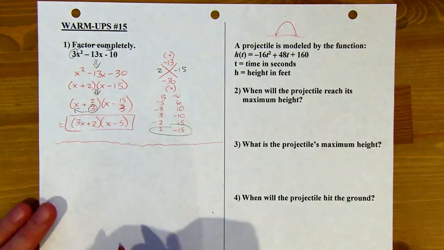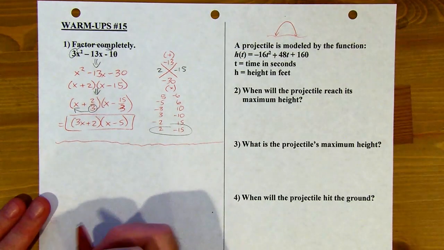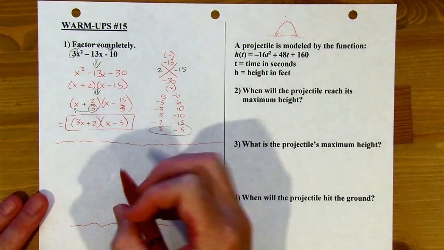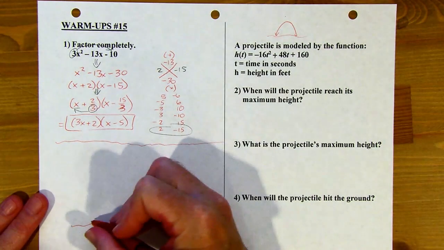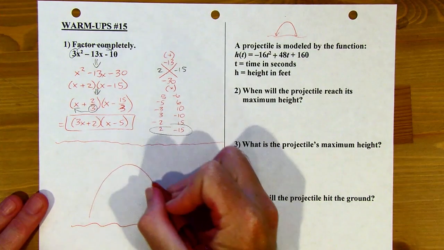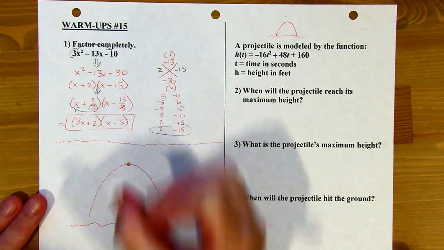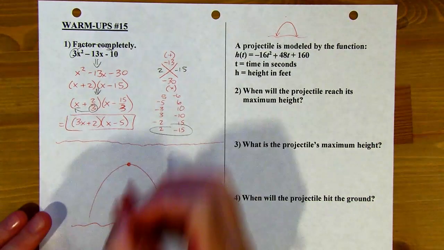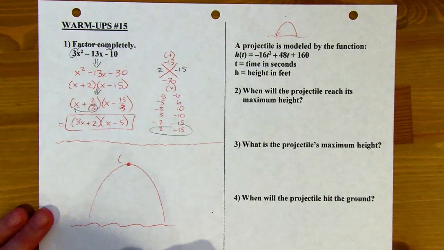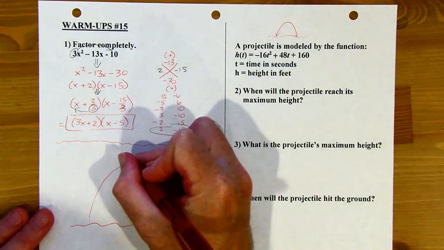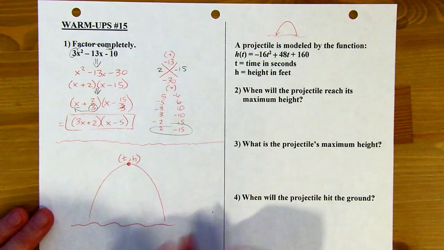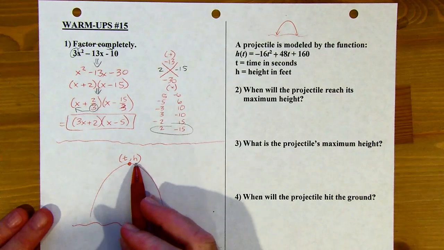I'm going to draw a little picture down here of my projectile. It's going to reach its maximum height right there at the vertex, right? So this is going to be an x-y pair. The x would be the time, and the y coordinate would be the height.